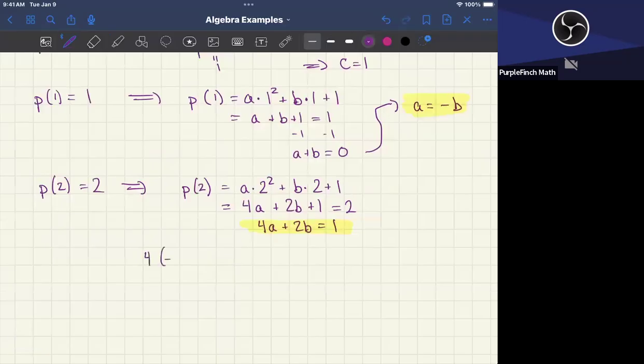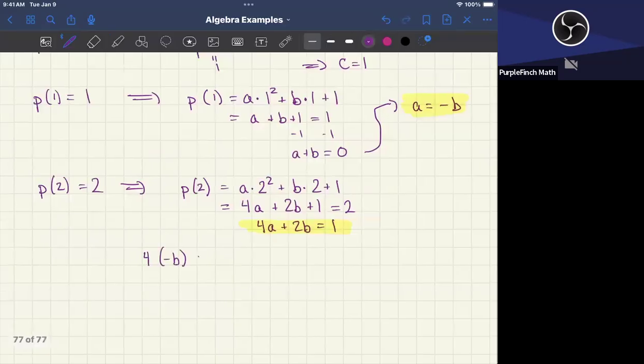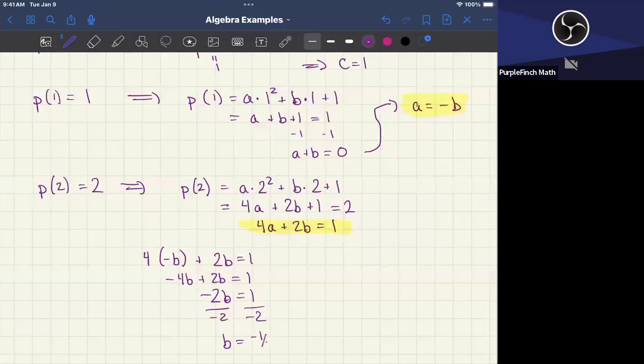Let's put in negative b for a. Okay, so negative 4b plus 2b is equal to 1. Smush those together, we get negative 2b is equal to 1. Divide both sides by negative 2, and we have b is equal to negative 1/2.